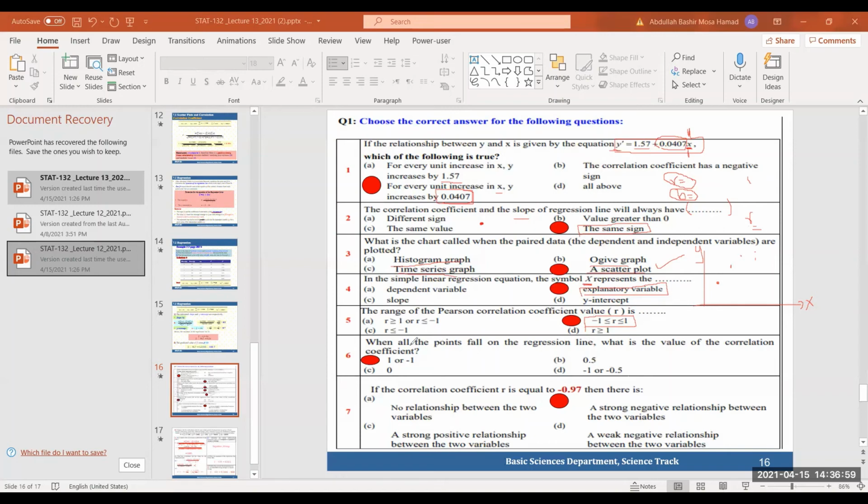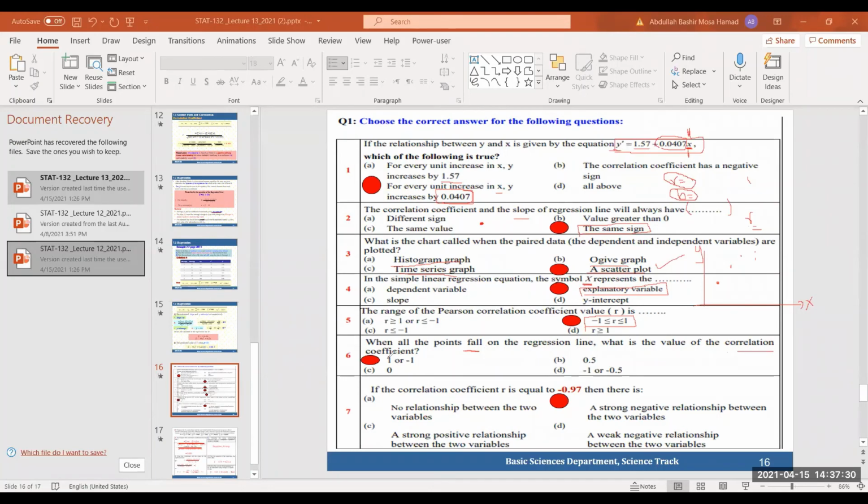When all the points fell on the regression line, what is the value of correlation coefficient?